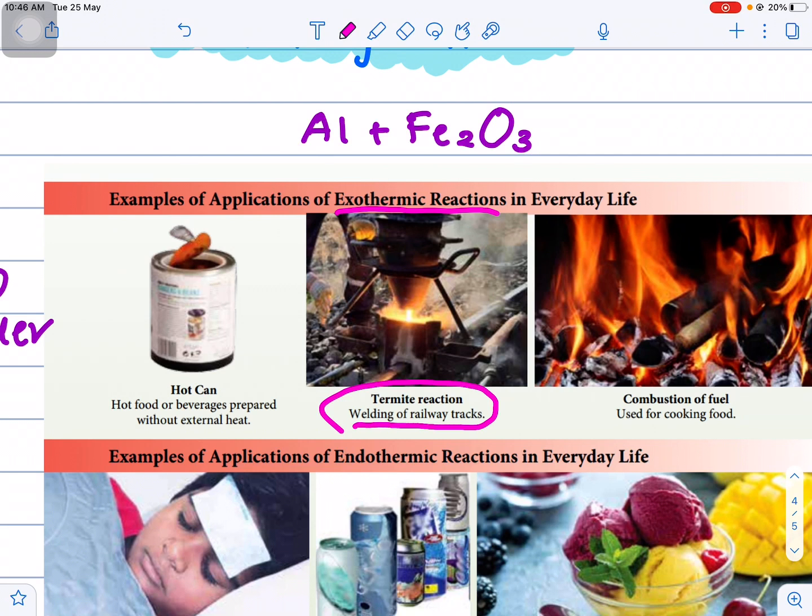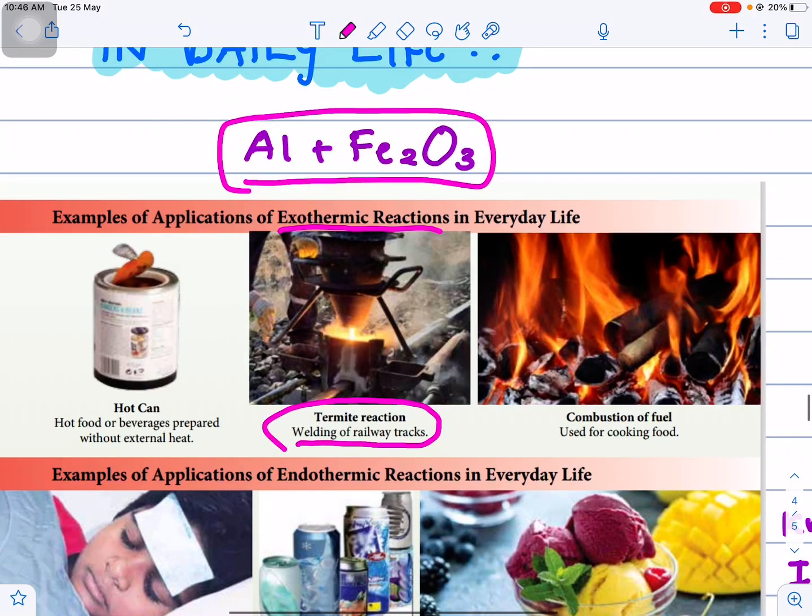In thermite welding, we heat the aluminium and the iron trioxide. When we heat aluminium and iron trioxide, this reaction is going to release a lot of heat, and we are going to get aluminium oxide and also iron. What we really need is the iron to fix the railway tracks.